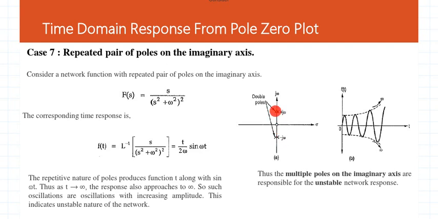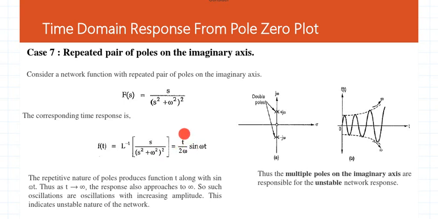Complex conjugate poles involve a sine term, right? Double poles also include a t term. We get a t term involved, and there is also one zero located at the origin. So overall the transfer function has one zero, and there are two poles resulting in the square of the transfer function. Finding the inverse Laplace transform of such a system results in a time domain response having t sine of omega t by 2 omega, right?